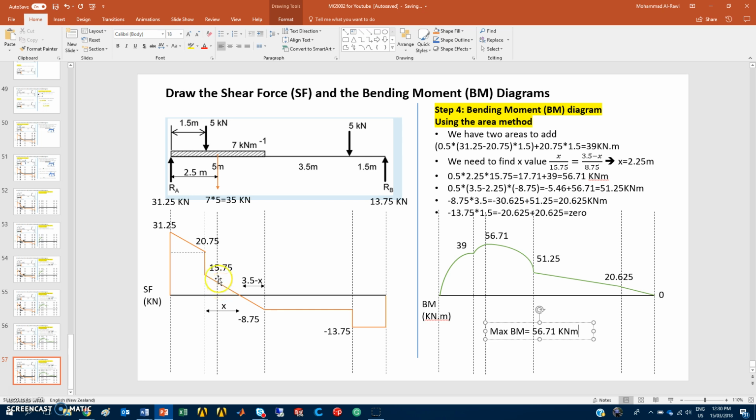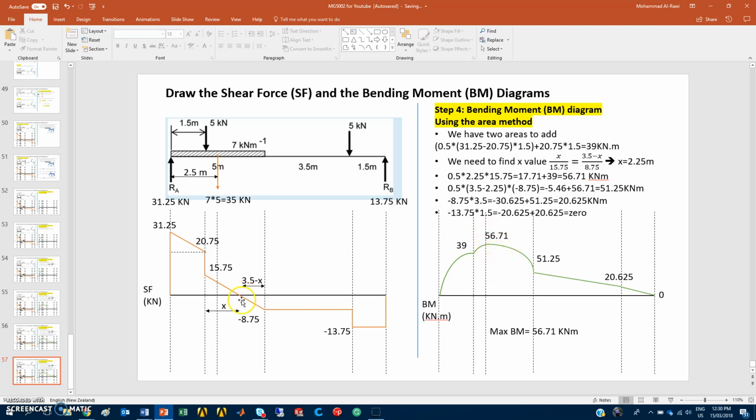That's the maximum bending moment we're getting at this location. So that's the location where it's giving me 56.7 kilonewton meters. You just need to highlight this point as having the maximum bending moment.